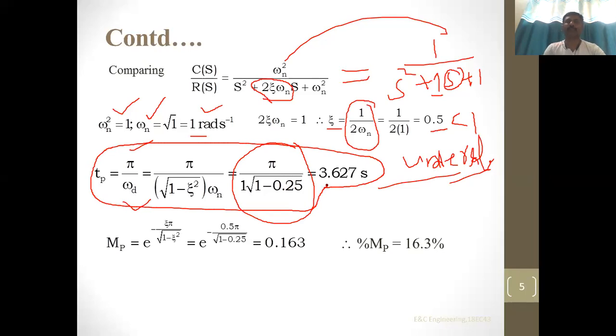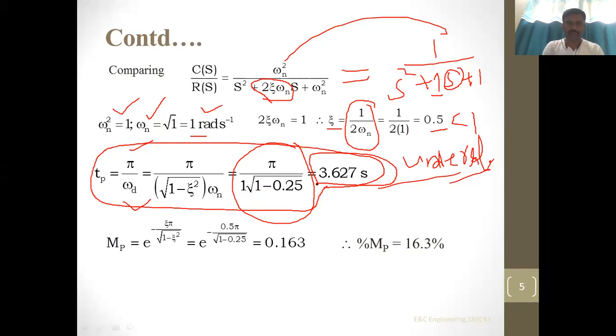Now you do one thing, you please try to take your calculator and cross check. Your calculator needs to be in radians mode. Verify quickly. Pi divided by root of 0.75 needs to result with a value 3.627 seconds. Please check out, guys.